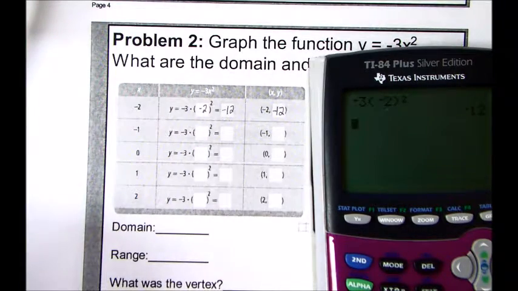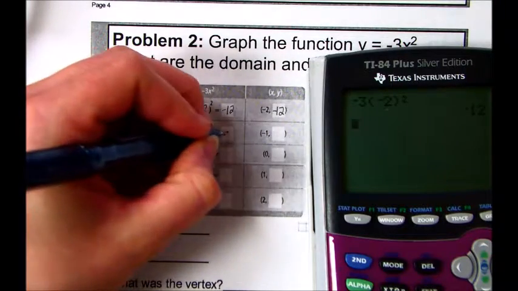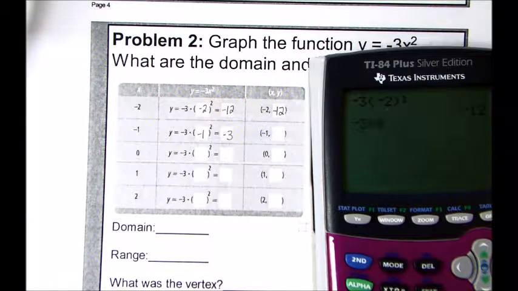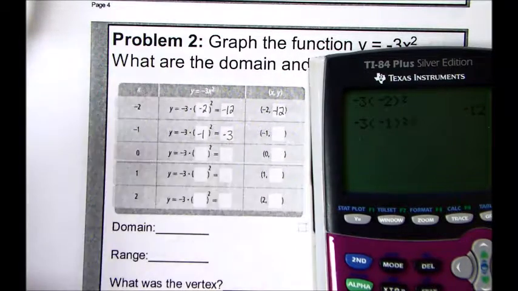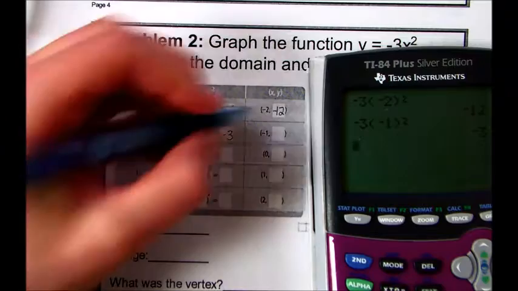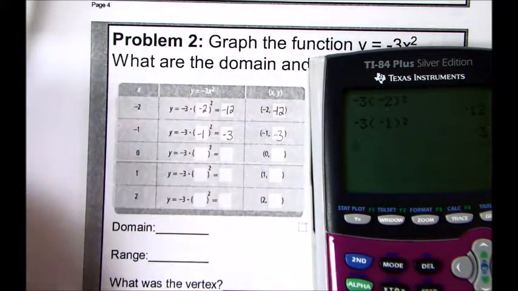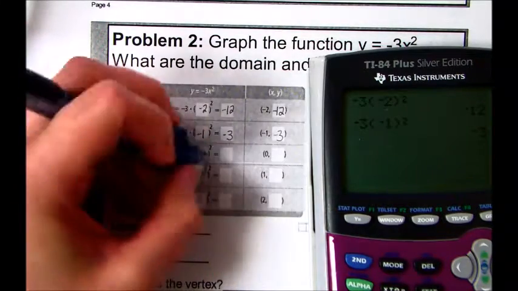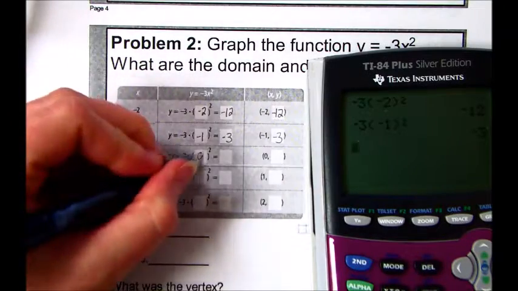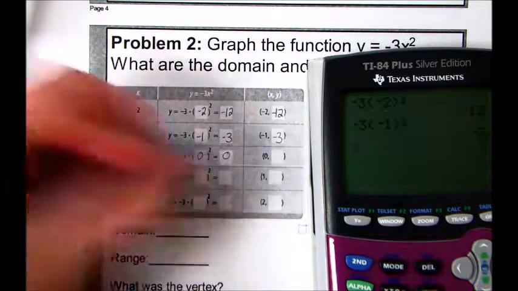Let's plug in -1. So -1 squared is 1 times -3 is -3. Again, you can use your calculator. Use parentheses, otherwise it will be wrong. So I get -3. Plug in 0. I love plugging in 0 because 0 times anything is 0.